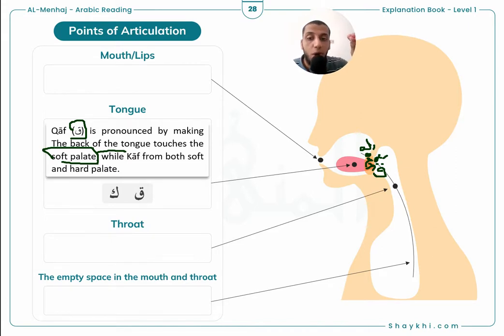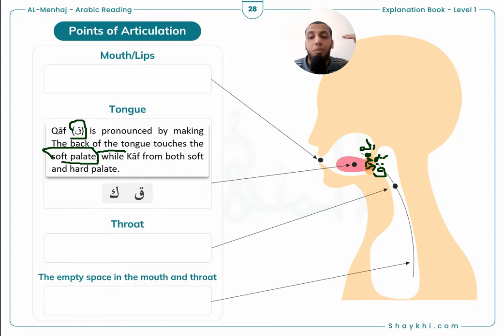The second difference is that letter qaf is a heavy letter, while letter kaf is a light letter. We said before that a heavy letter means the back of the tongue is raised, and a light letter means the back of the tongue is not raised. So this is the second difference between al-qaf and al-kaf.